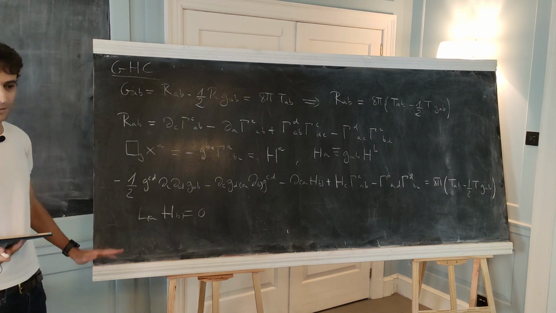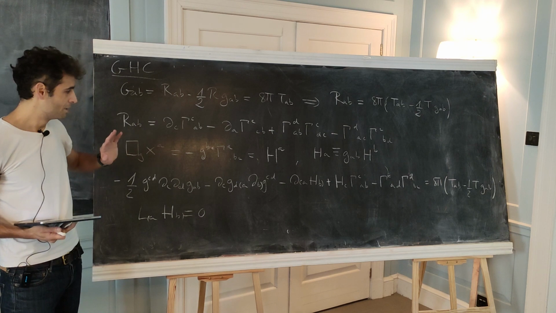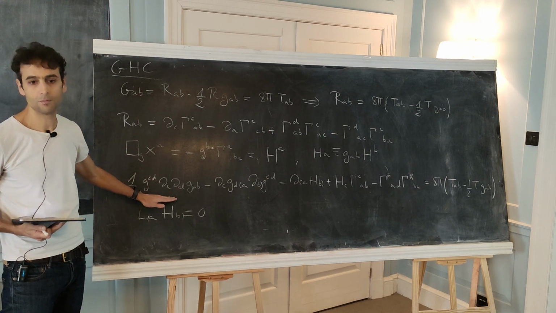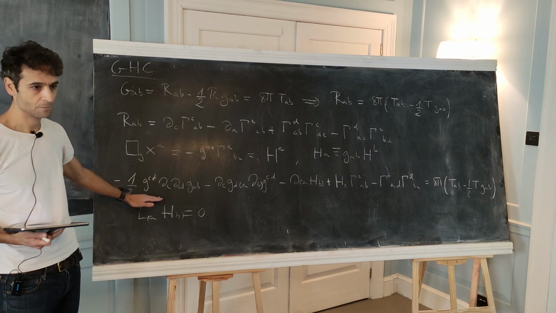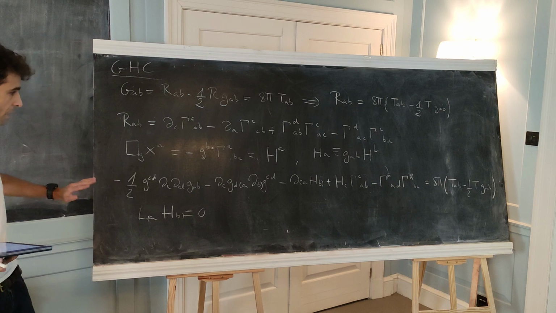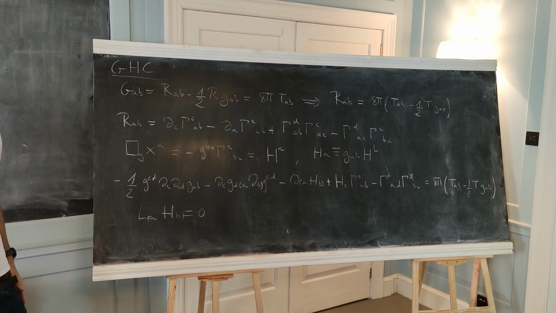In the second part of today's lectures, we'll study hyperbolicity. But what this buys you is that this equation for the metric is nothing but a nonlinear wave equation. So it's manifestly hyperbolic, it has no issues with that, and you can solve it straightforwardly using standard techniques.